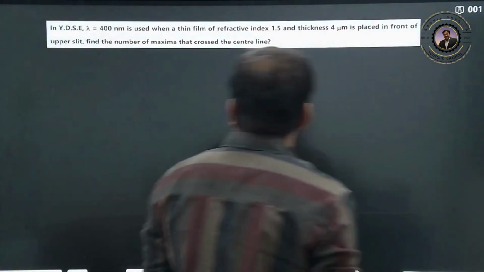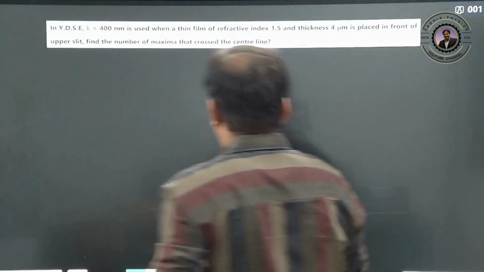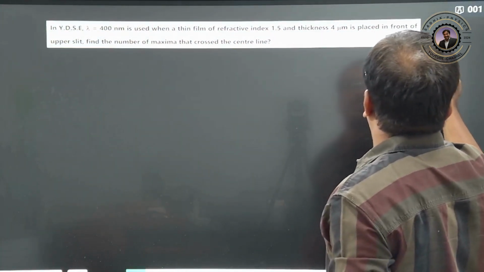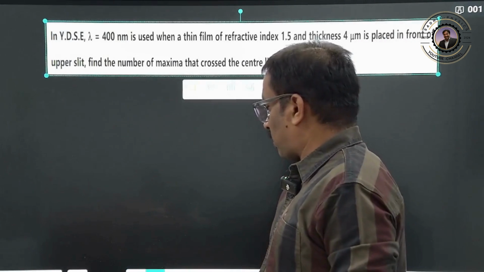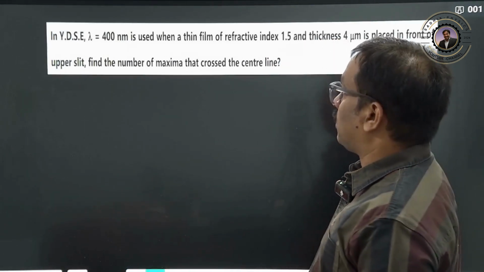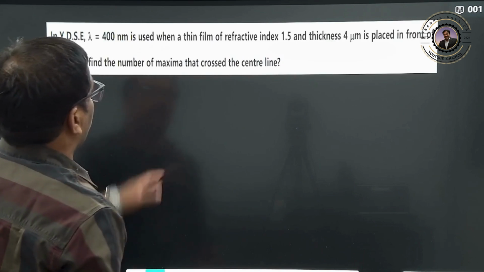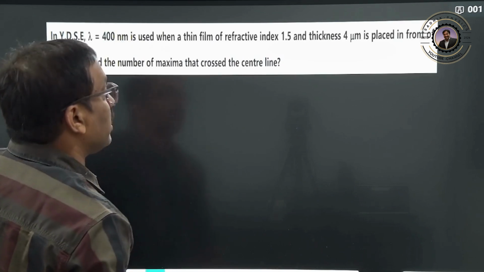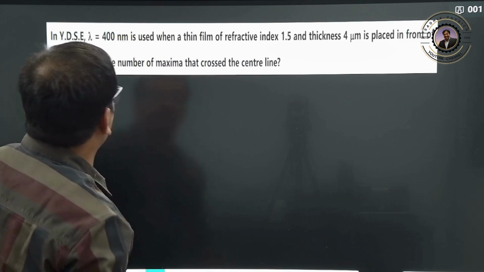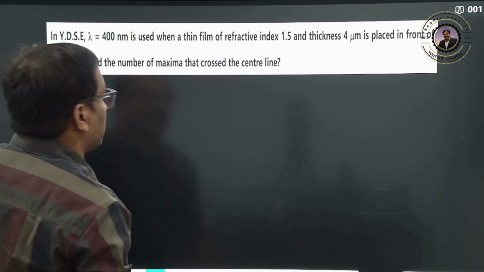Now let us go for one more question. In YDSE, a wavelength of 400 nanometer is used, and a thin film of refractive index 1.5 and thickness given is placed in front of the upper one. Now find the number of maxima that cross the central line.